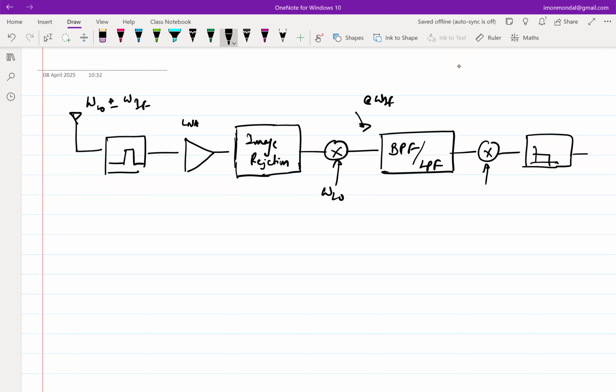And then you put an ADC. And after the ADC, depending upon your application, you either cast the bits on a screen, or you store them in a memory, or blast them through a microphone, whatever.